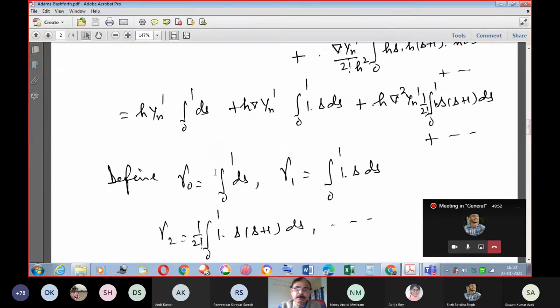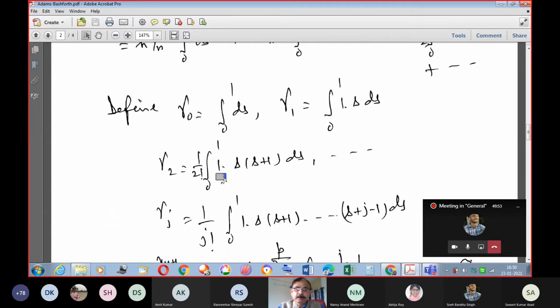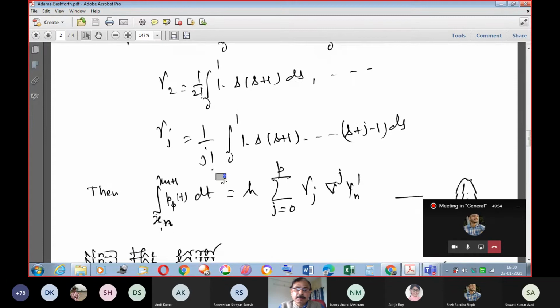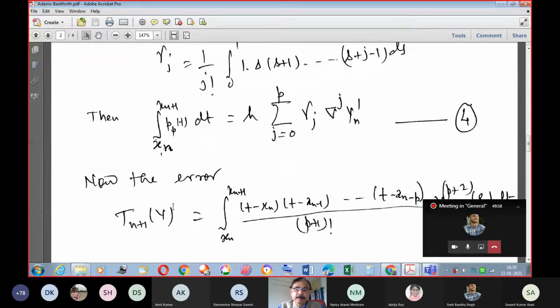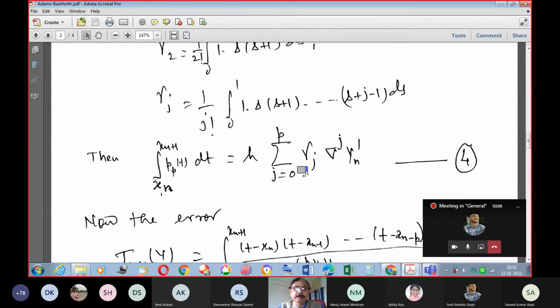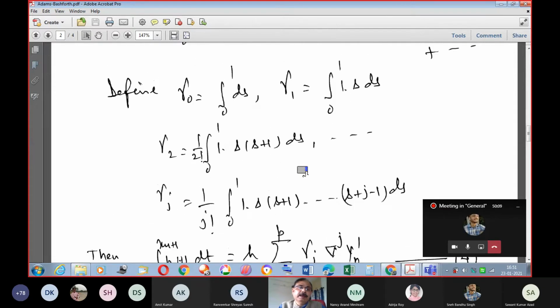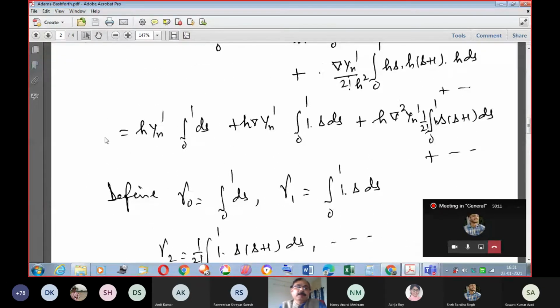So p equal to 0 means what? You see, here it is yn plus 1 minus yn equal to h gamma naught yn prime. Next term will be your gamma 1.